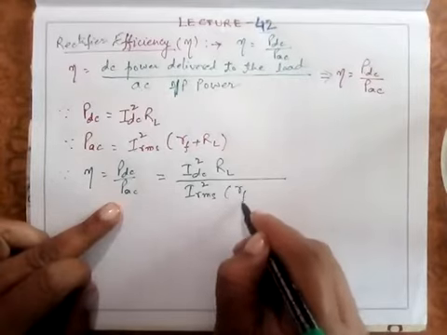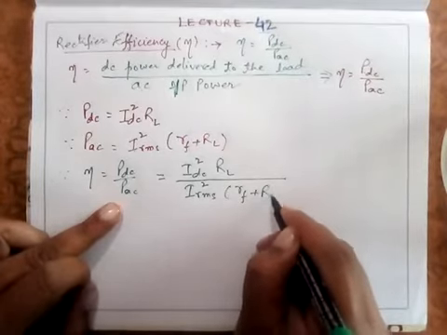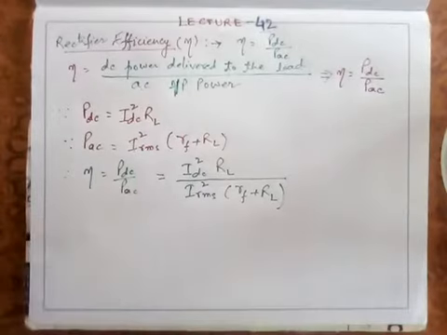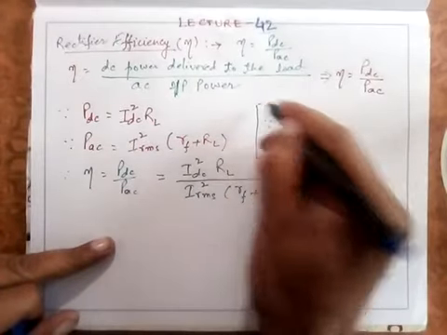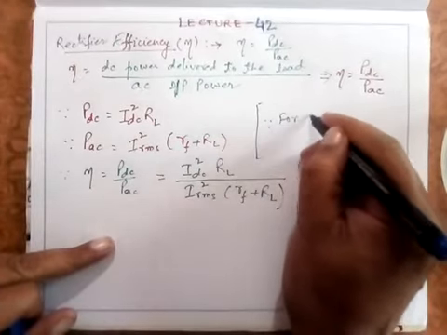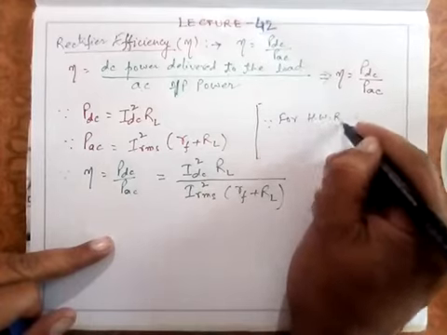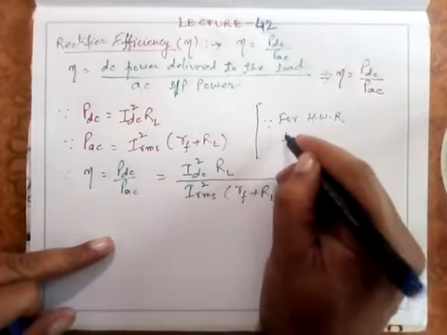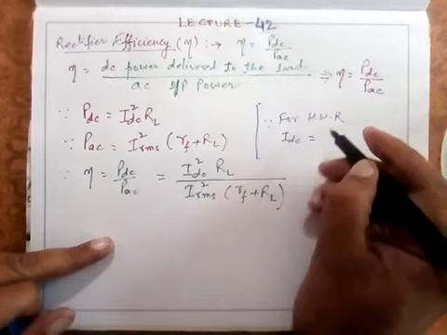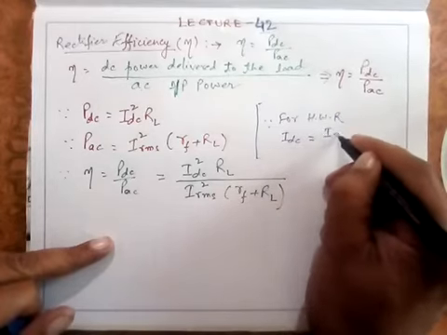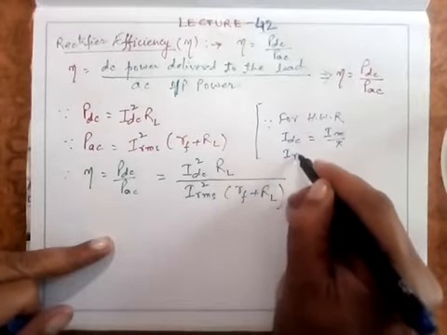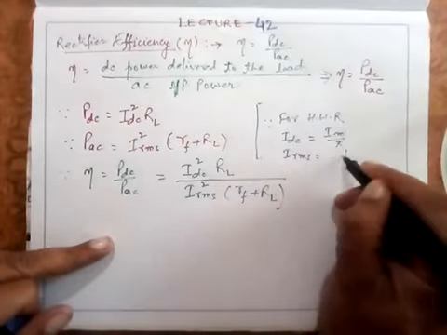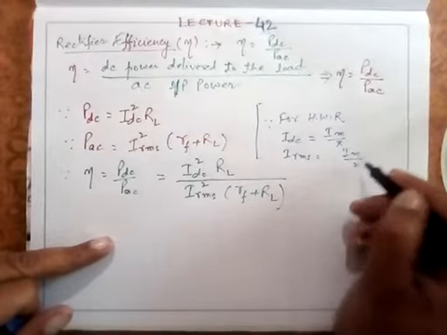Now if you remember, I derived for the half wave rectifier, and I am using it here as a separate point, that IDC is equal to Im by pi and IRMS is equal to Im by 2.